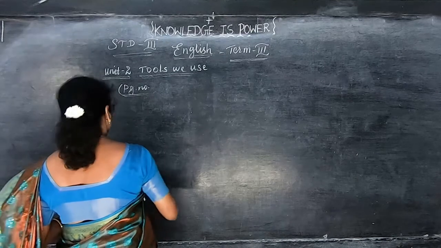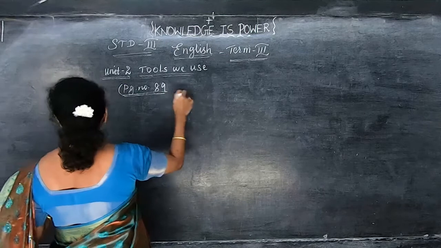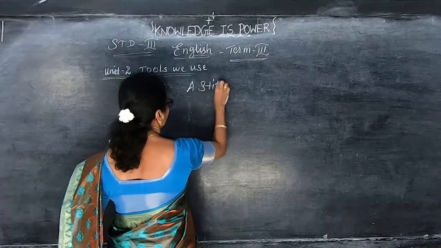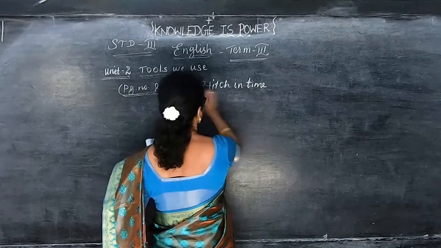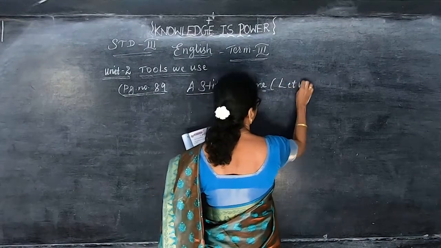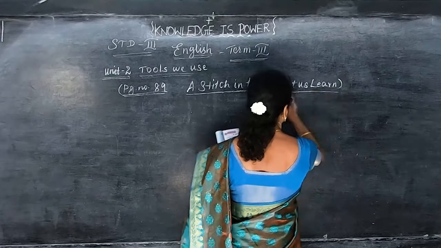This is a story about a boy. What he is doing at home. Page number 89, A Stitch in Time. Same unit only. Let us learn.